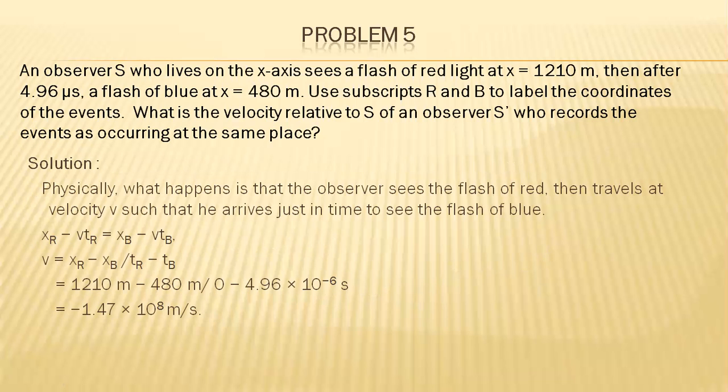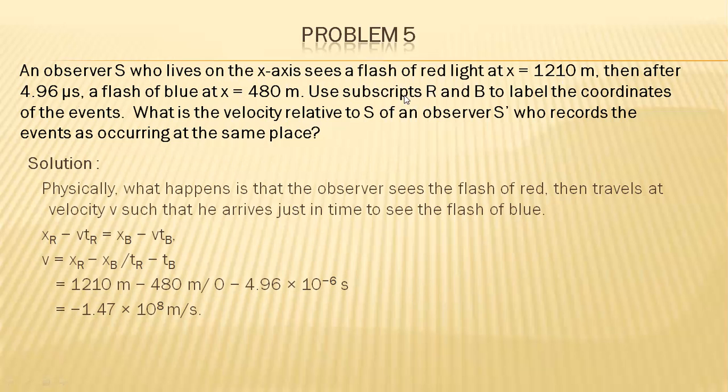Now this is the fifth problem. An observer S who lives on the x-axis sees a flash of red light at 1210 meter. Then after 4.96 microsecond, a flash of blue at x equals 480 meter.